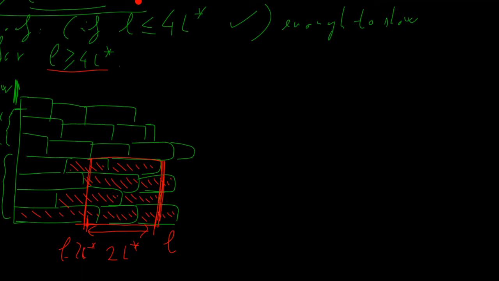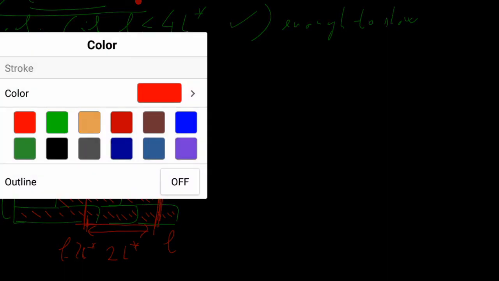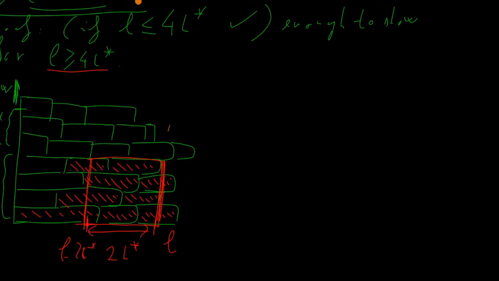Now I say that there is a job which is scheduled, in an optimal schedule, on a machine that is not a fast machine.